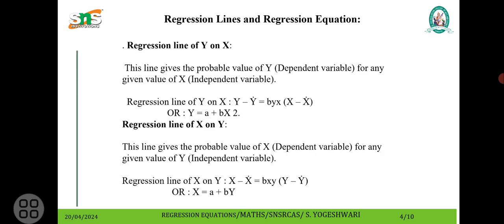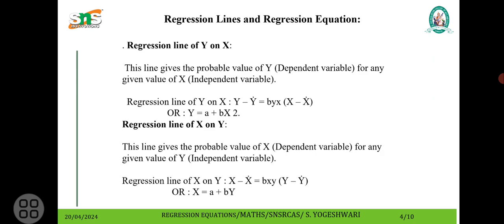The regression line of y on x: y minus y bar equals byx into x minus x bar. Here x bar, x dot, x dash are the same. So y is equal to a plus bx.